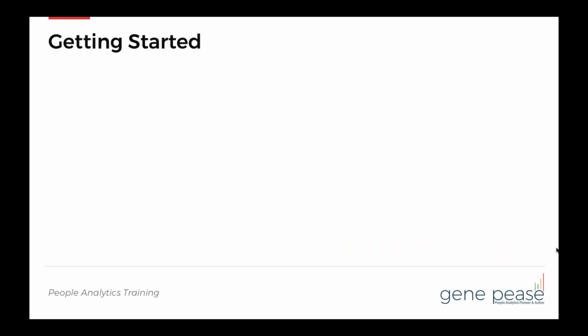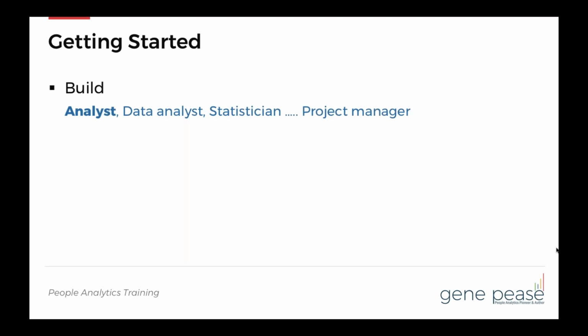So let's talk a little bit about how you get started with some of this talent. We know you need to start with an analyst, a business analyst, a human capital strategist, whatever you want to call that. We don't necessarily have to then hire a data analyst, statistician, and eventually a project manager to manage all this stuff.